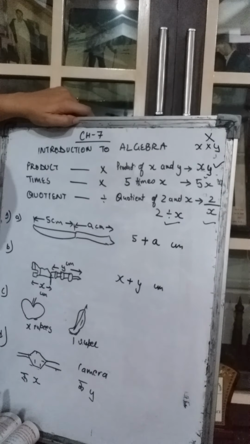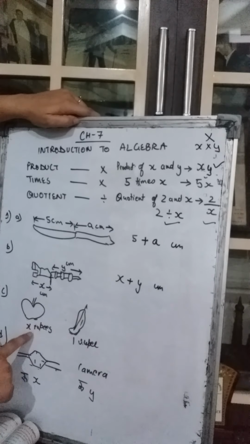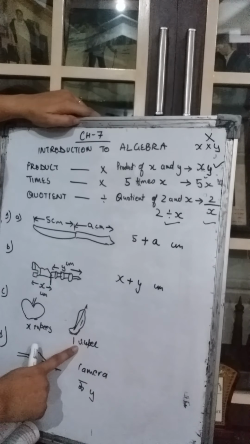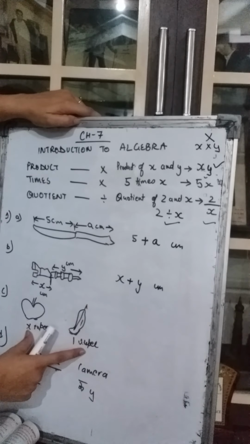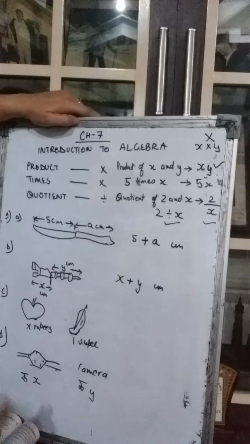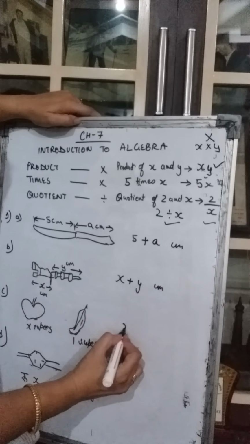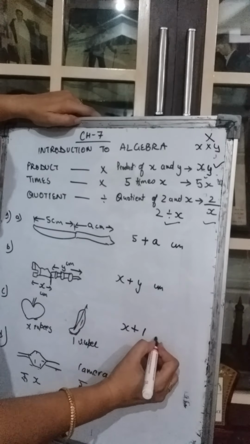Is that clear? Now the C part says there is an apple which costs rupees x. We do not know. And there is a banana which costs rupees 1. What is the total cost of these fruits? In total means adding only, no? So it will be x plus 1 rupees.